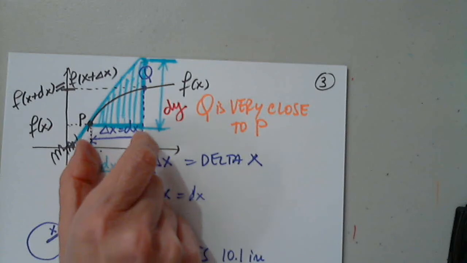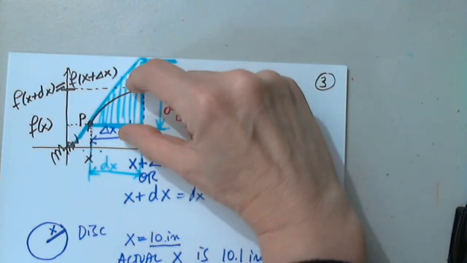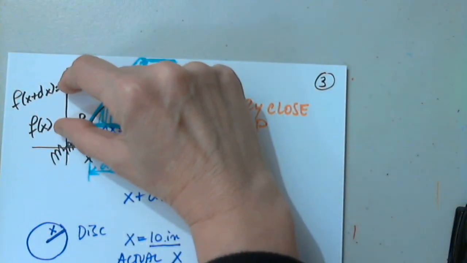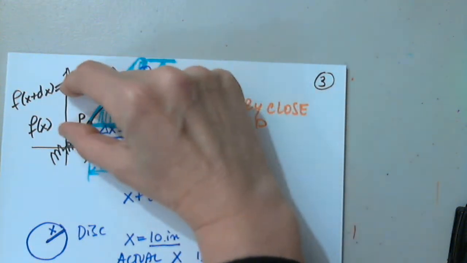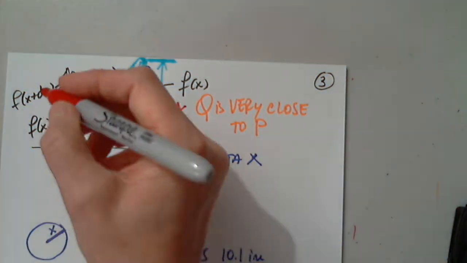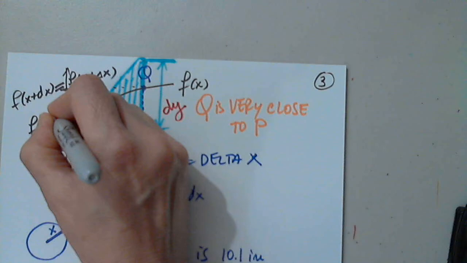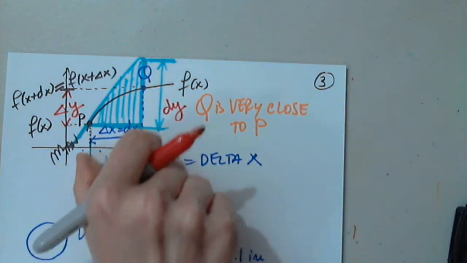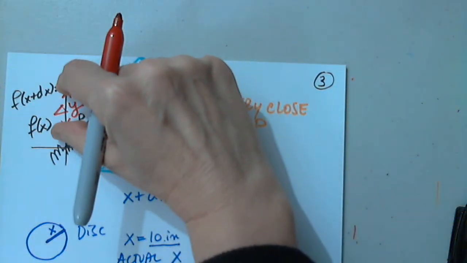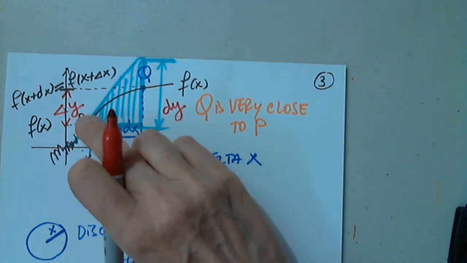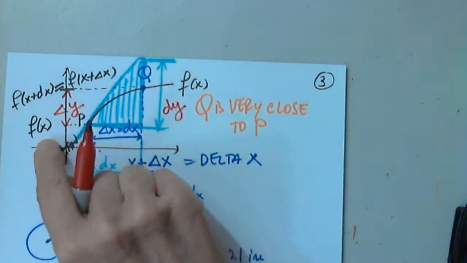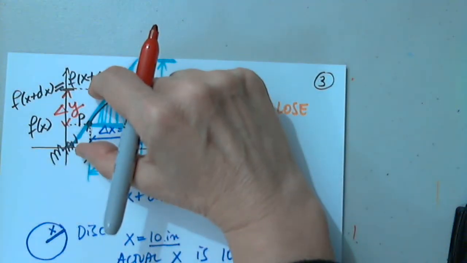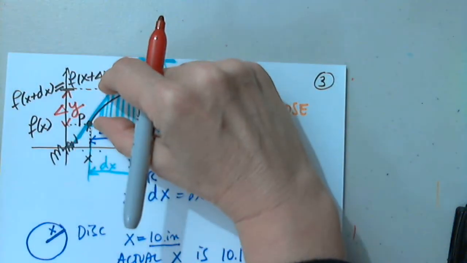This error in x creates an error in y. This error in y is the delta y, because it's the exact one, and I'm using the function. What is it? f of x plus delta x minus f of x. This distance minus this distance gives me this distance.